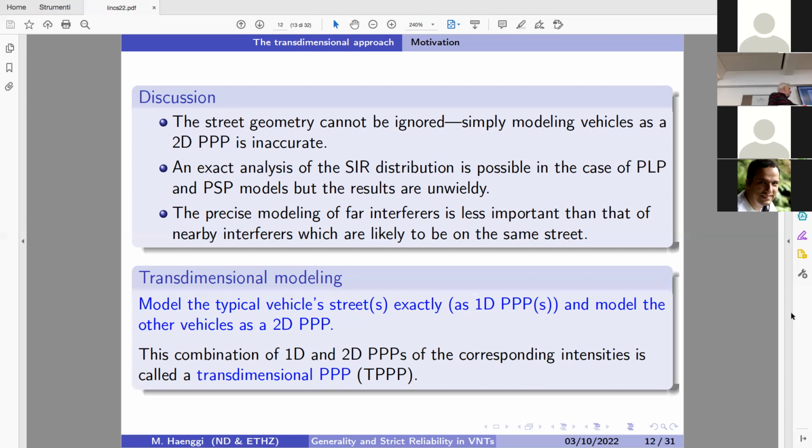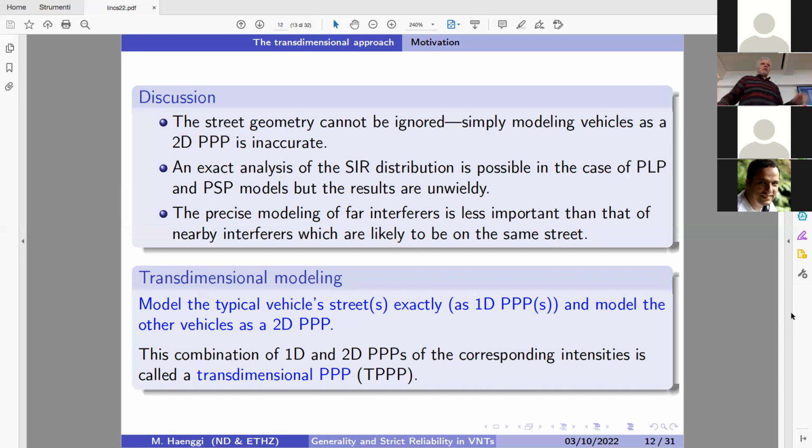We want to model the typical vehicle's street, or streets if it's an intersection, exactly, namely as one-dimensional PPPs, but we ignore the fact that the other, interfering vehicles also sit on streets. We just let them be two-dimensional Poisson processes. So we have a combination of 1D and 2D Poisson processes, and that's why we call this transdimensional.